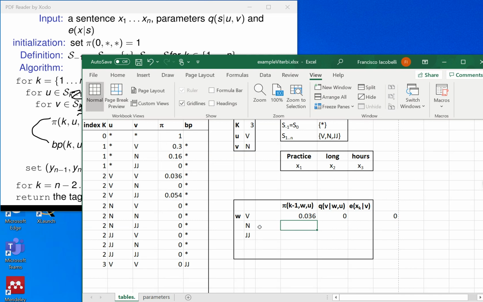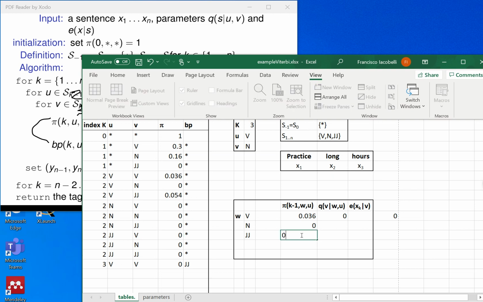Now, what if W is now N? Well, we're looking for pi of 2NV. 2NV, that's 0. So that's not good. That N is 0. So we move with JJ. What is pi of 2 JJV? 2 JJV is 0.